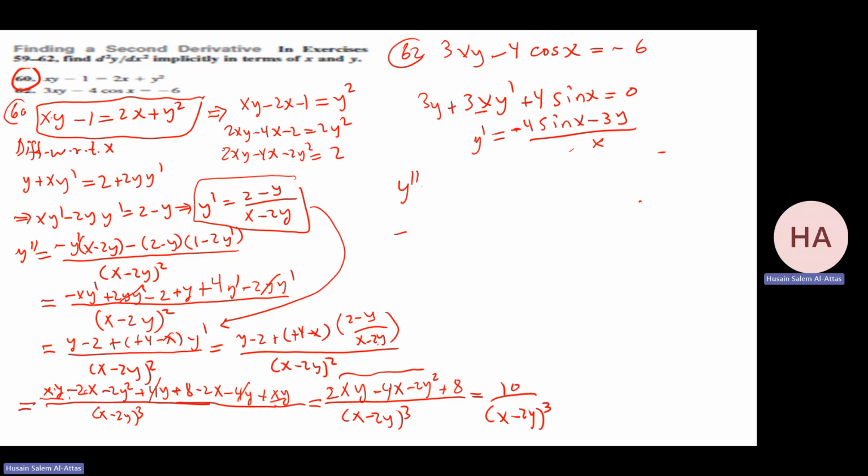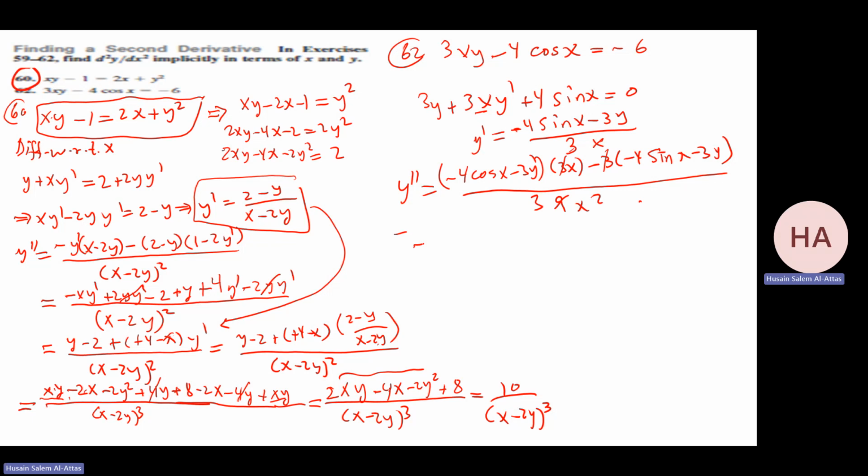Y double prime will be easy. It will be minus 4 cosine x minus 3y prime, so it's 3x times 3x minus 3 times this, all over 9x squared. I cancel this with this 3 and this 3. Do now the rest.